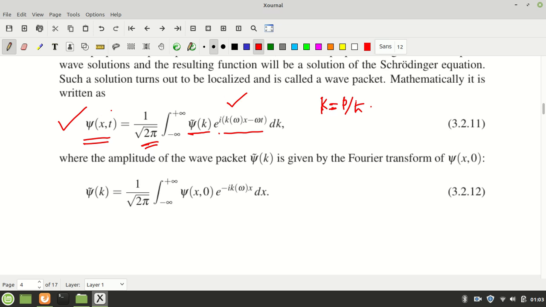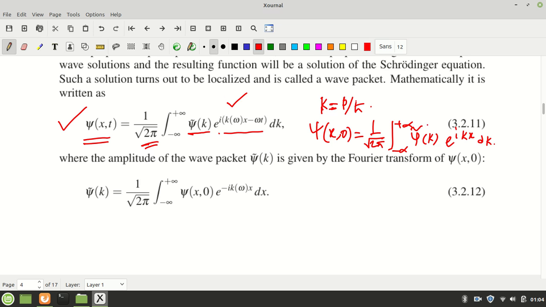So this is nothing new to you, but what is new is what psi tilde k is. If you write this psi, you can see it is a function of position and time, and if you put time equal to 0, that is psi(x,0), you can write this equation like this: psi(x,0) equals the integral from minus infinity to plus infinity of psi tilde k e to the power ikx dk.